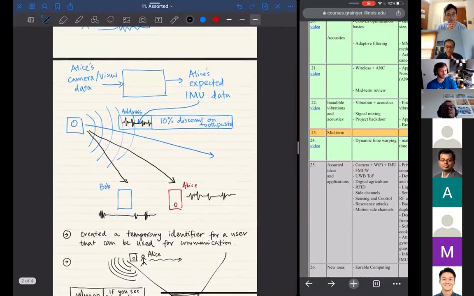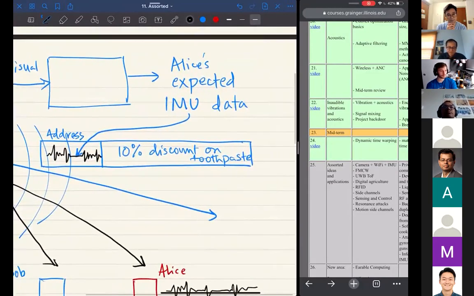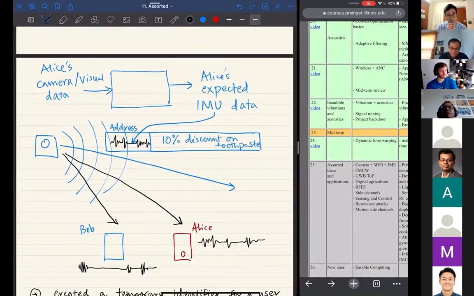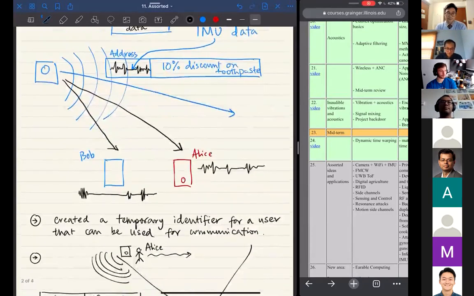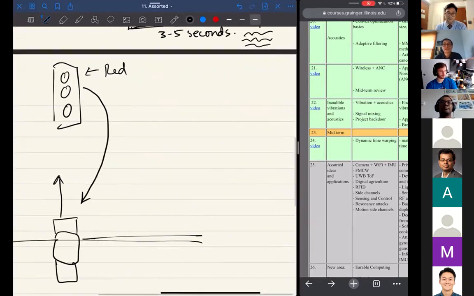So this algorithm is to extract motion from video data. This is the algorithm that you need to develop, right? From the video data. So that is not hard, right?